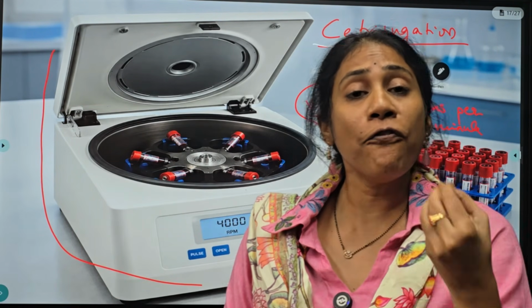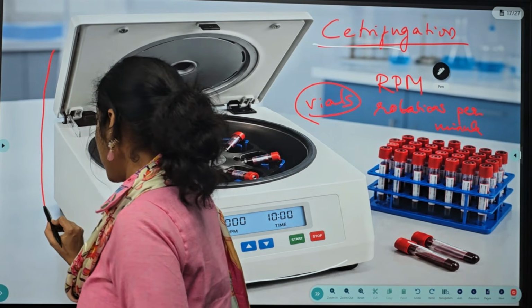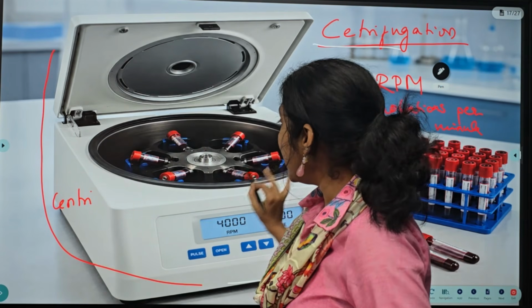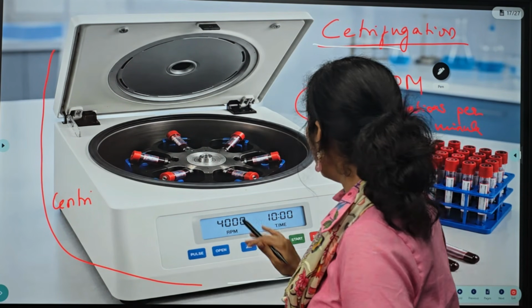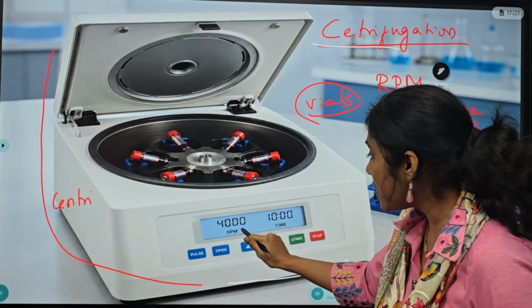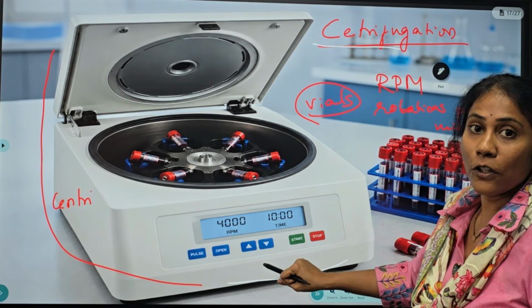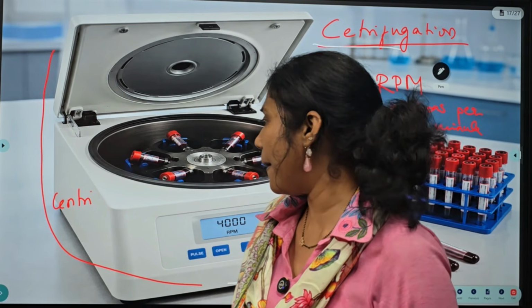A kind of force gets developed called centrifugal force. There is a force that gets developed when you rotate these blood samples at very high speed. How much speed? Look here, 4000 means 4000 rounds per minute.